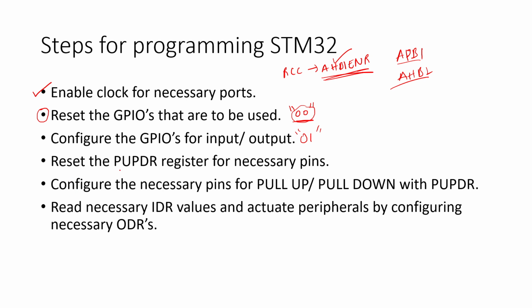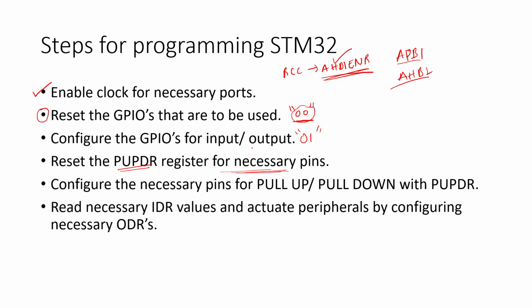And then comes the PUPDR register. You might have a doubt why PUPDR; we will discuss that in the next section. PUPDR is the pull up pull down resistor register for the necessary pins. What are these necessary pins? If you are configuring any GPIO as an input, it is mandatory that you either pull up the GPIO or pull down the GPIO.